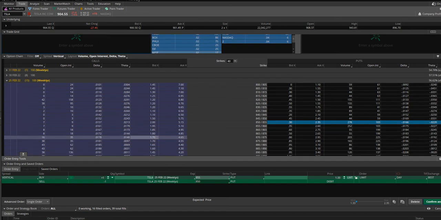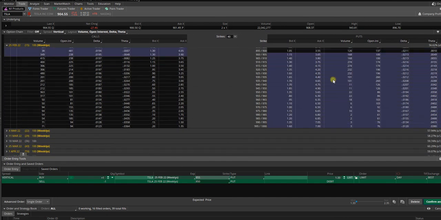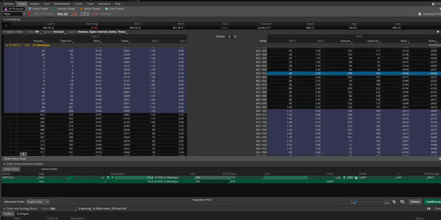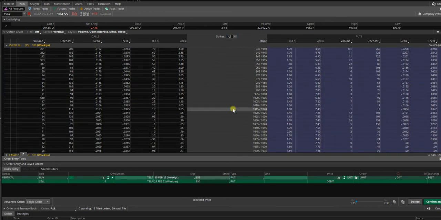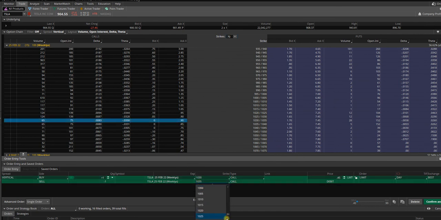So let's see here. Of course, I don't have no strikes. There we go. And so we'll do a 1030, 1040, or yeah, 1030, 1040 is fine. Let's just do the 1030, 1035 because I can't display the theta otherwise.